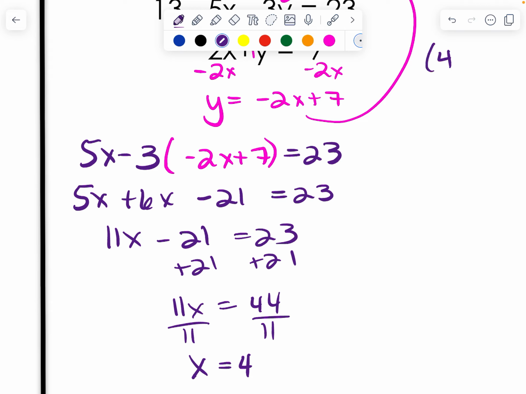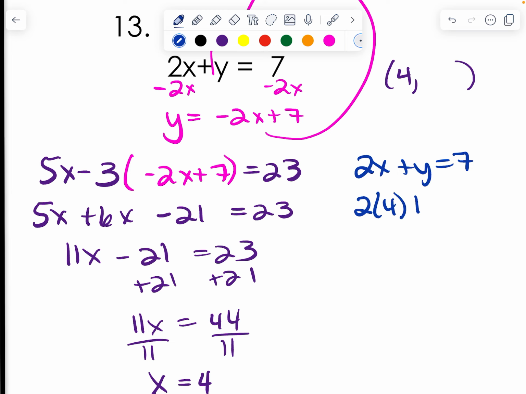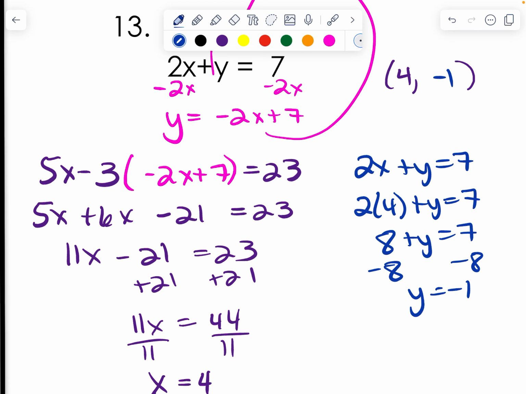So I have the x value. Now I need to just find the y value. So I'm going to take the second equation. 2 times 4 plus y equals 7. 8 plus y equals 7. Subtract and get y equals negative 1.